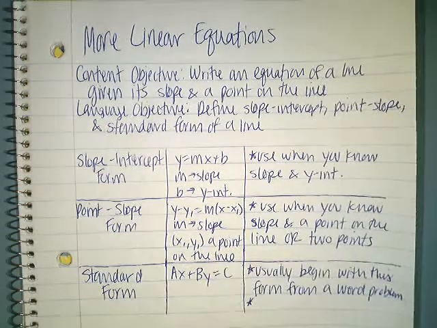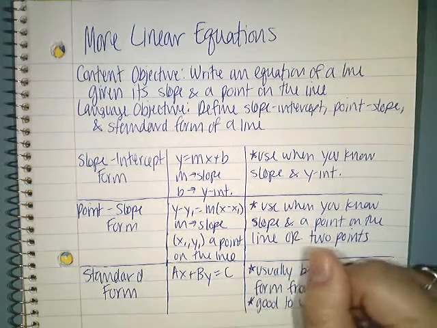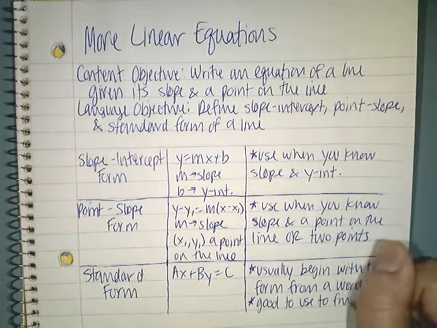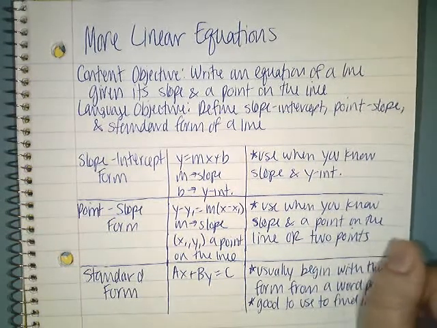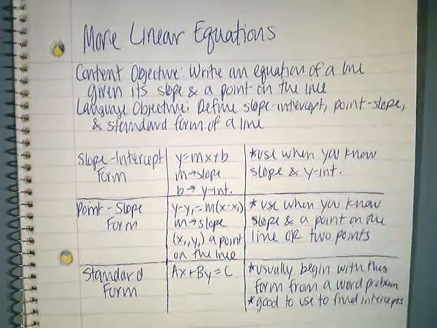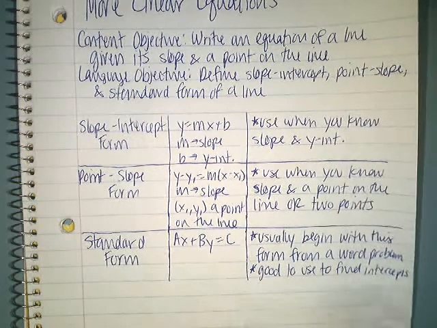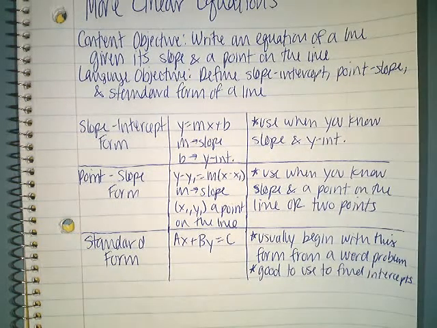The only other thing that this is helpful with is that it's good to use to find intercepts, because we can just plug in 0 for x or 0 for y to solve for the other intercept, which we'll do an example of in a minute.